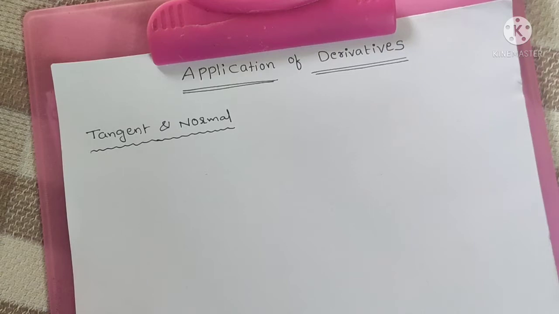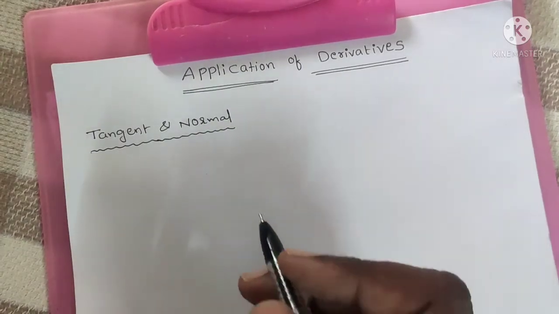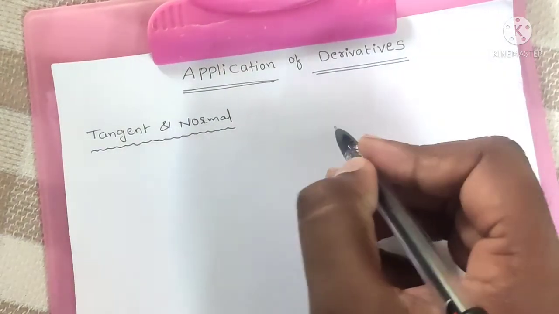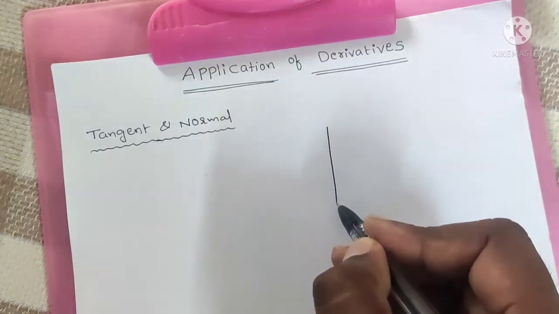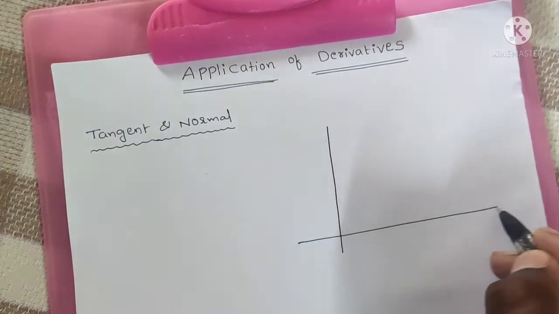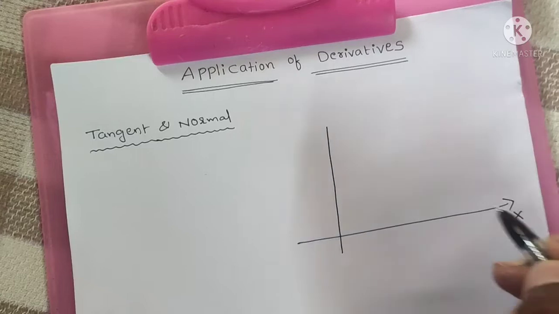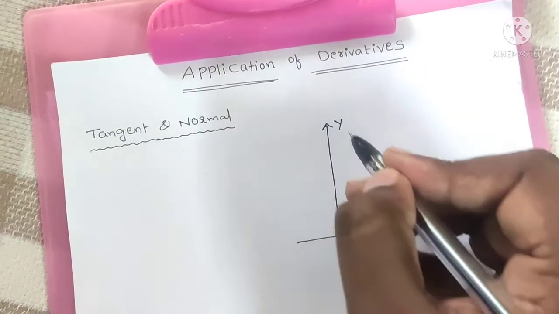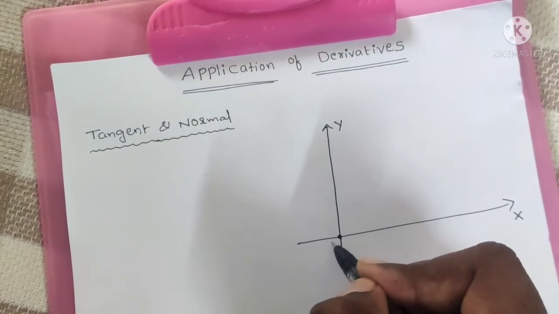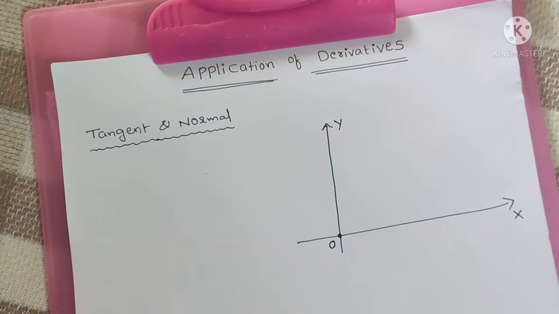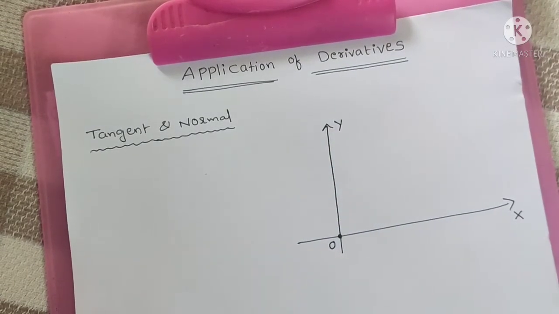First of all, what is meant by tangent and normal? For example, if you take the coordinate axis, x-axis, y-axis, and this is the origin O. Now I am taking a curve.